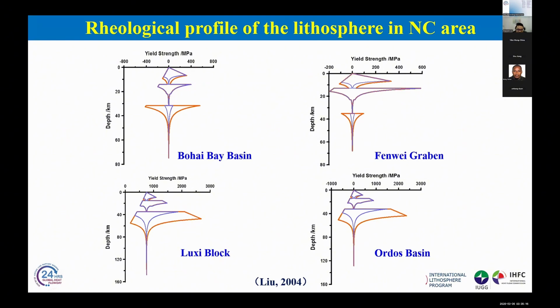While for the Ordos Basin, this area suffered tectonic contraction, which is compression, so the lithosphere shows a large rheological strength like this one. So this is some kind of rheological Christmas-tree model. This is the typical sandwich model. These are two end-member models for the rheology of the continental lithosphere.